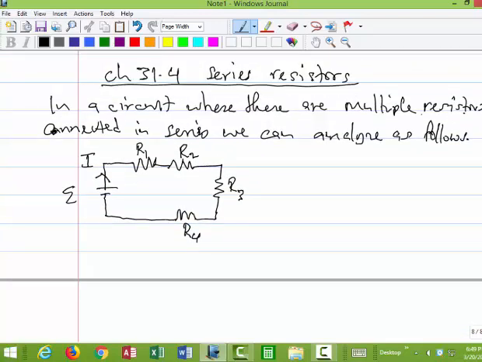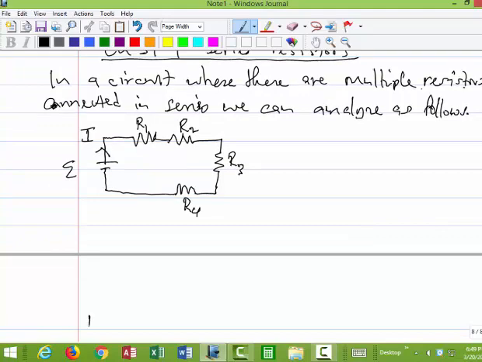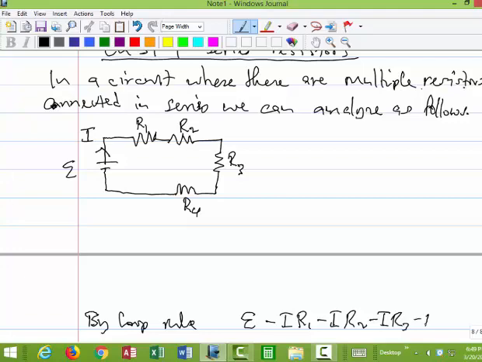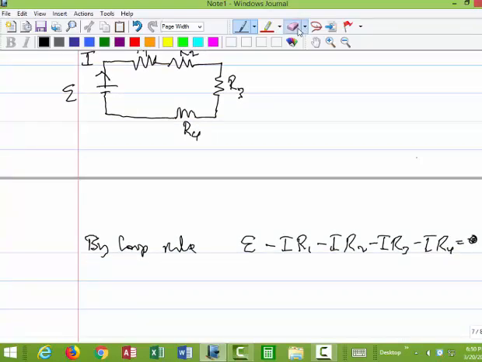So by the loop rule, we say E minus I R1 minus I R2 minus I R3 minus I R4 should be equal to 0. Like that. And then we'll say that the EMF of the battery should just be equal to I, and then we'll have R1 plus R2 plus R3 plus R4.